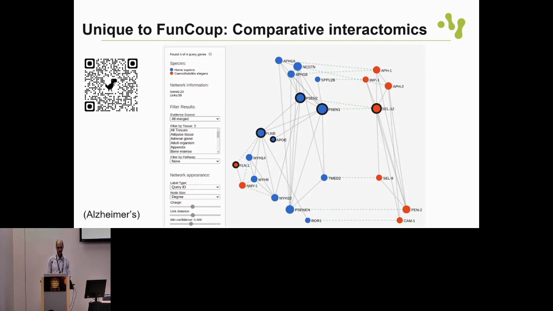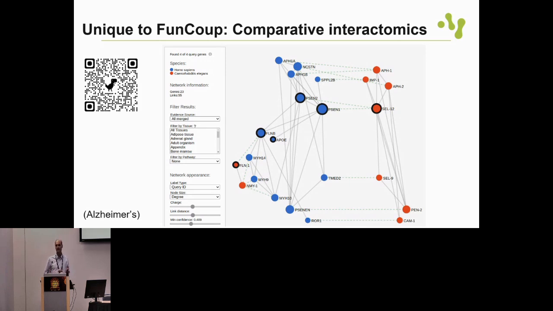So here we have a query in human. Those are the blue nodes, and C. elegans in red. And normal solid lines are interactions, and these horizontal green dashed lines are ortholog connections.